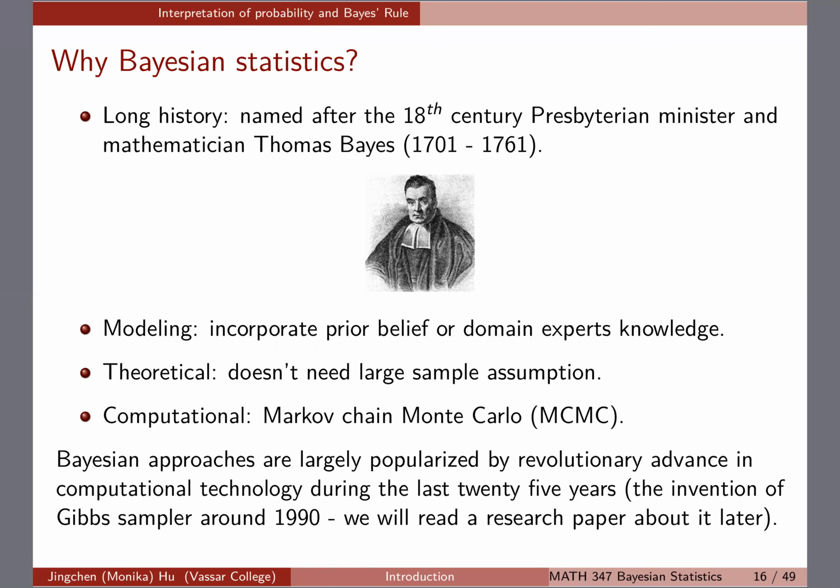However, around 1990, the Gibbs sampler, the main MCMC sampler that we're going to cover in this course, was developed. And then for the last 25 years, 30 years, because of this invention, we have been seeing a lot of revolutionized advance in the computation, as well as the methods.